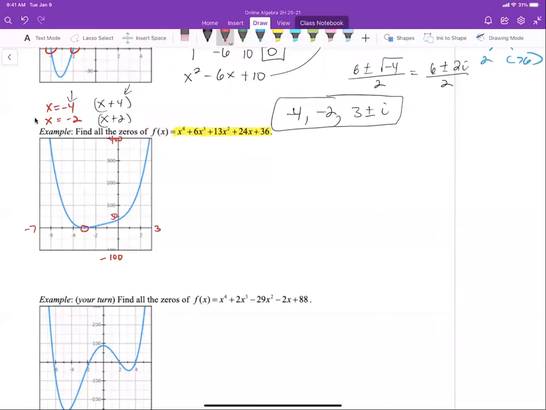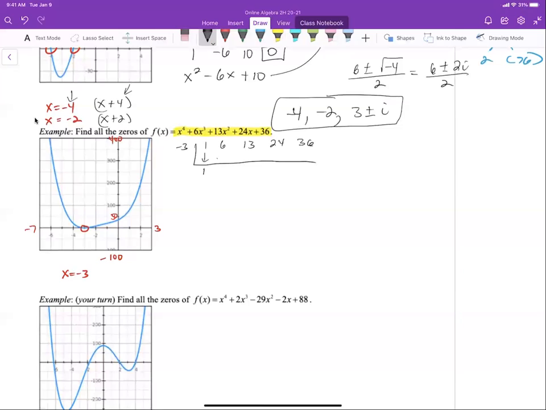And I can see that it looks like I have a 0 at x equals -3. All right, so let's test that. So -3, I don't have to switch the sign if it's the 0 format. So I have 1 for the fourth, 6 for the third, 13 for the squared, 24 for the 1 power, and 36 as my constant, or x to the 0 term, and then I'll start my process.